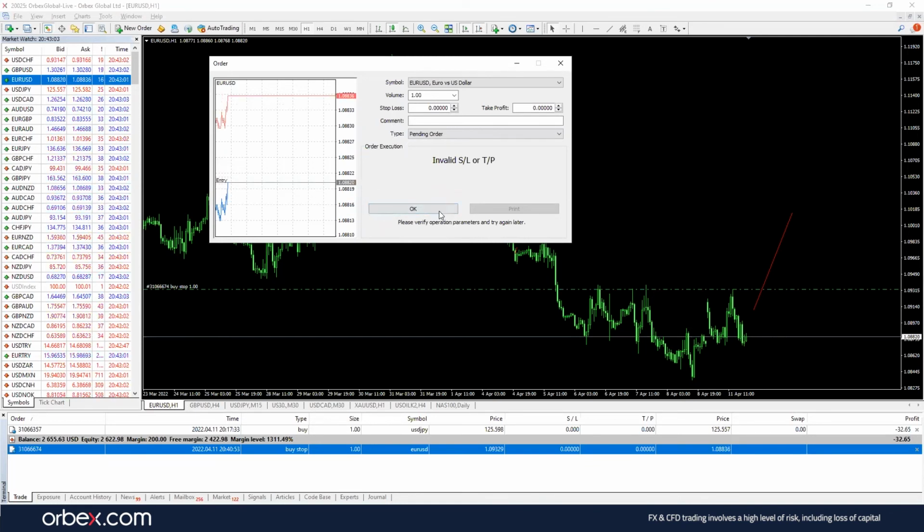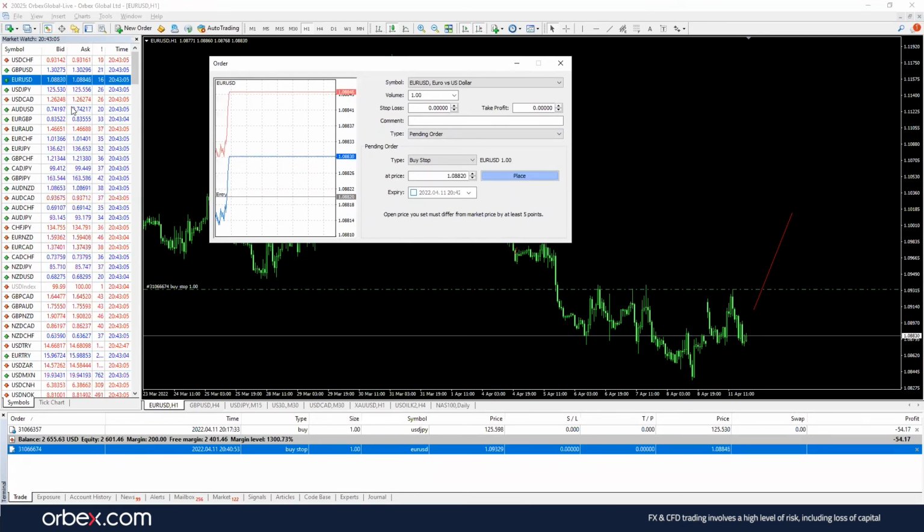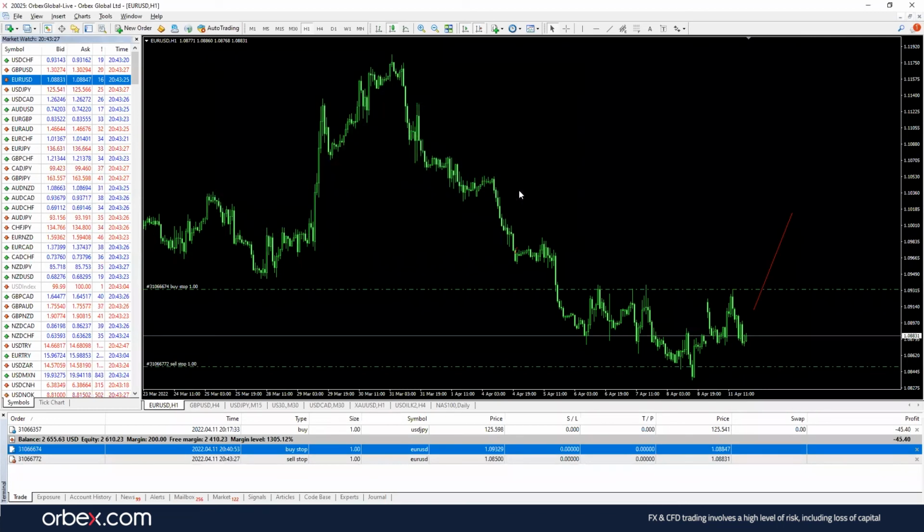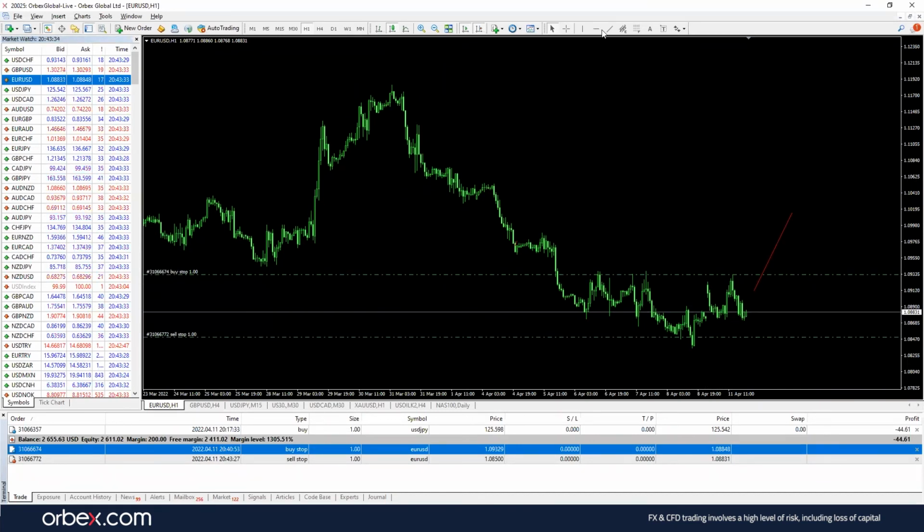Each forex pair is different, but this one needs to be at least 5 points away. And let's set our sell stop as well. We're going to roughly put it at 1.0850, let's say 1.0850. That's where I think it's roughly going to go, if it does hit and open.